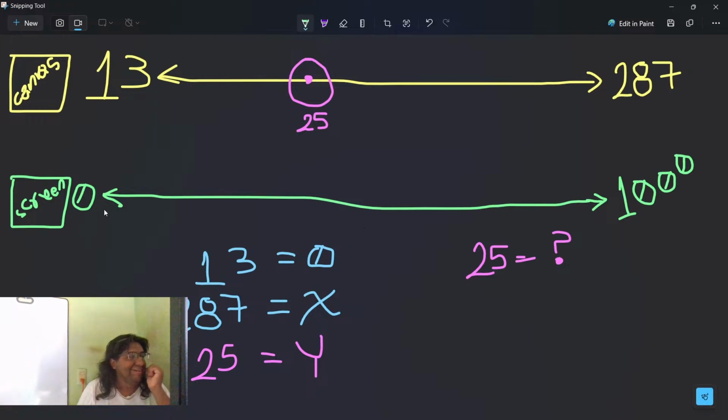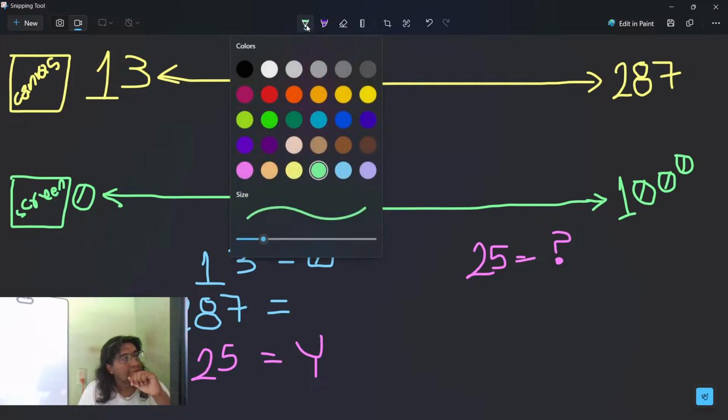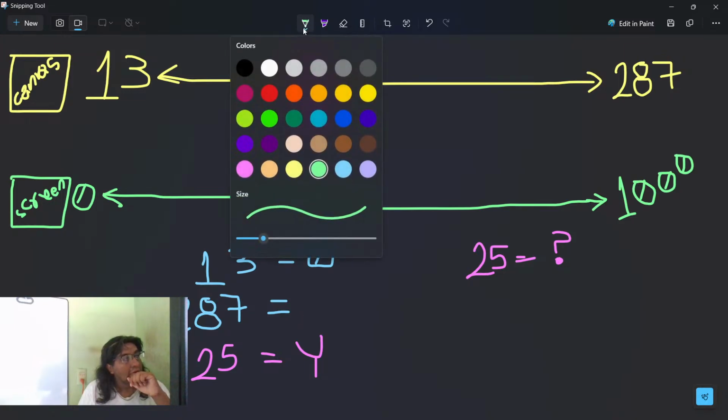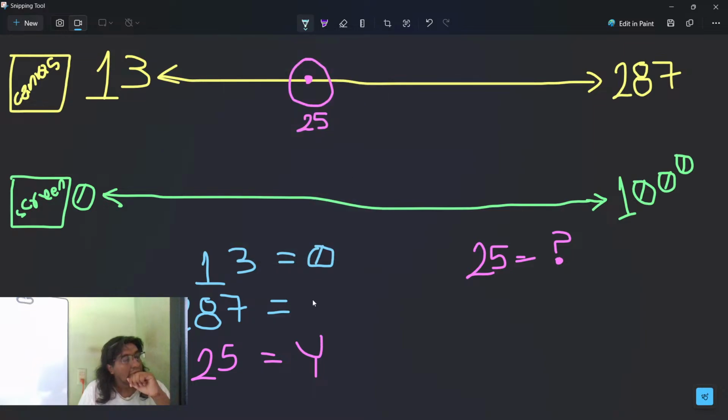Okay, so 13 is 0. Now we can say that, don't worry, don't think this is a waste of time, because when we get this, the problem is solved.